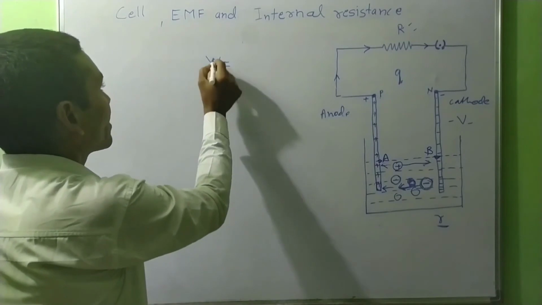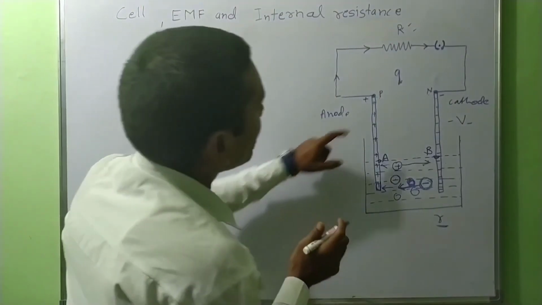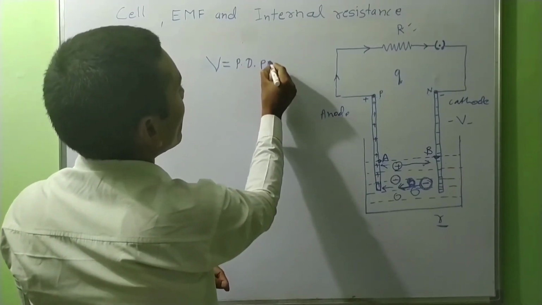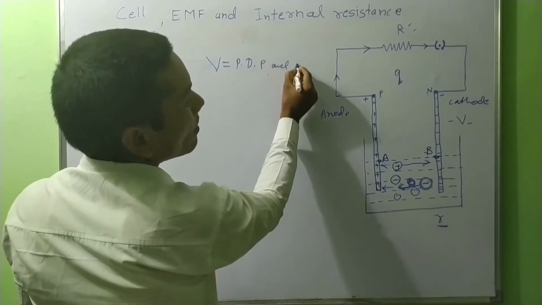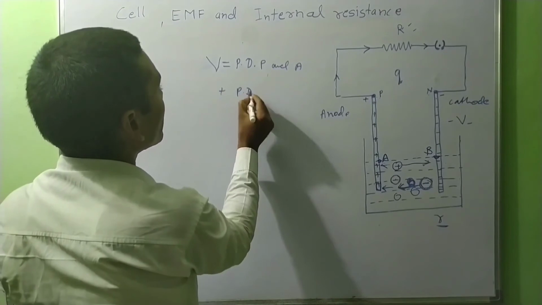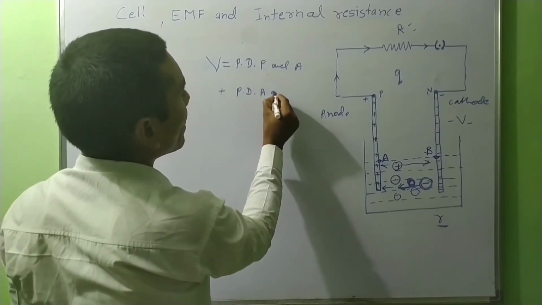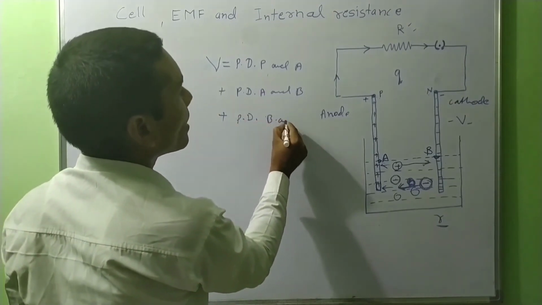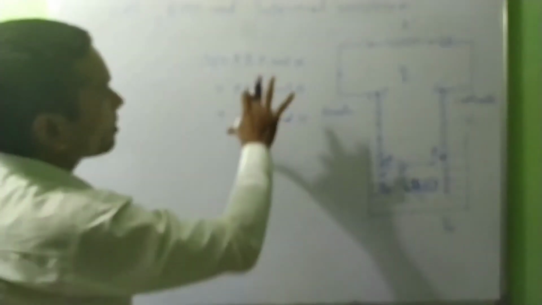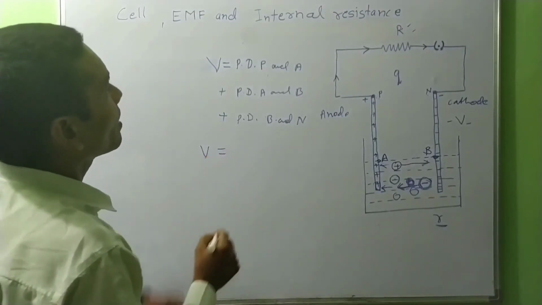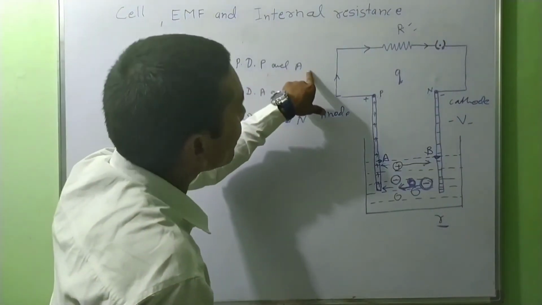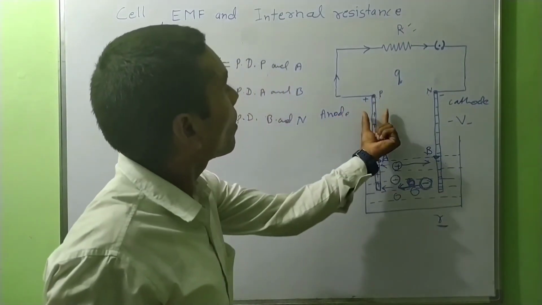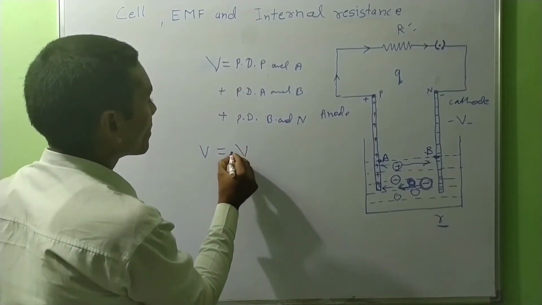So the potential difference on the external circuit is V, and it will be equal to the potential difference between P and A, plus the potential difference between point A and B, plus the potential difference between point B and point N. The potential difference between P and A, the potential on the anode, is V plus.